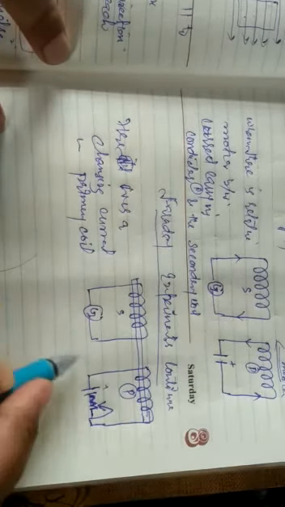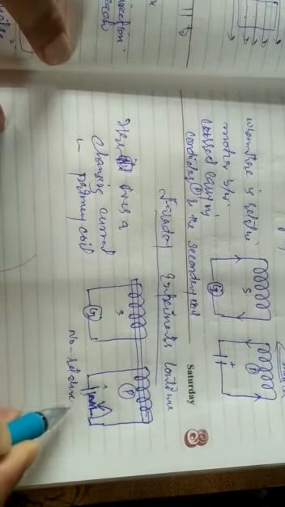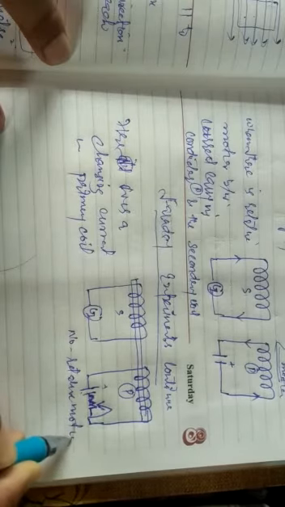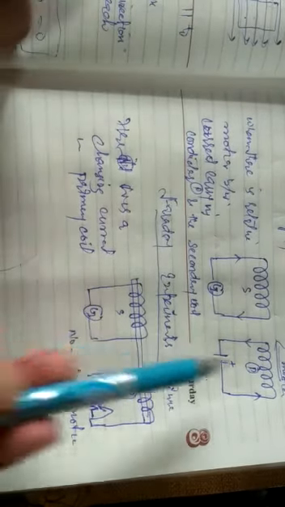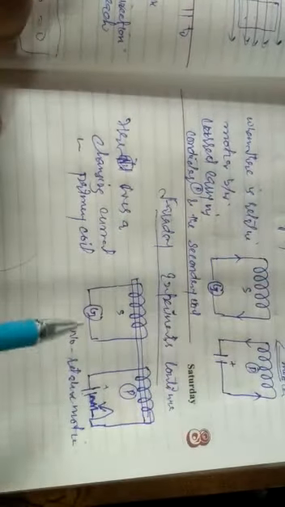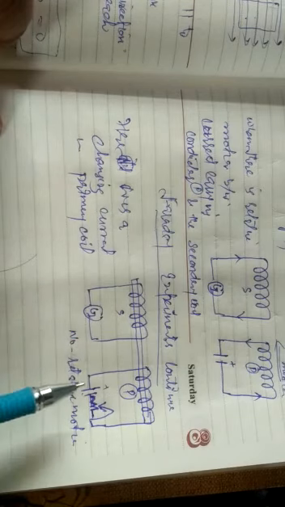So there was no relative motion. But how did this galvanometer show deflection? What he concluded was that there should be a change in magnetic field or magnetic flux, whether there is relative motion or not.